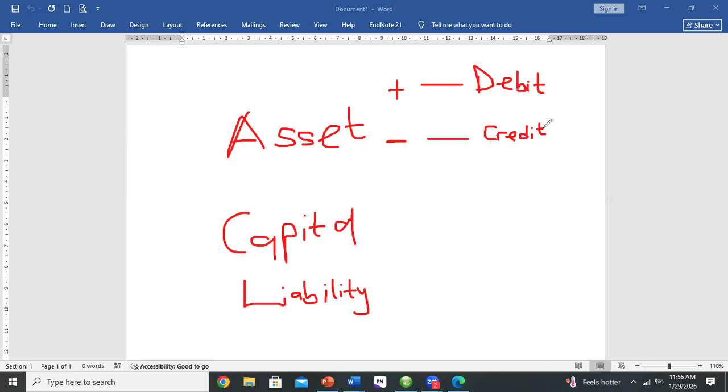Okay? Now, yes, Prof. Nicole. So please, are we supposed to memorize it, or is there something behind it for us to know why we have to debit and credit? Okay, so you would have to memorize it because it's a principle. It's just like a law, right?